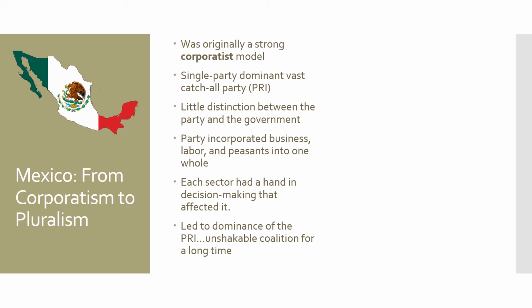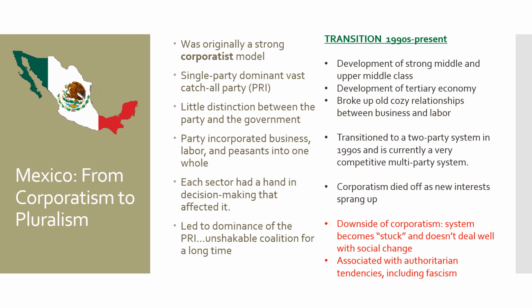So corporatism really helped the PRI and this coalition of peasants, labor, and business that are all represented within government, and any conflict between them is mitigated by this overall paternalistic party. That lasted for a really long time until the late 1990s.